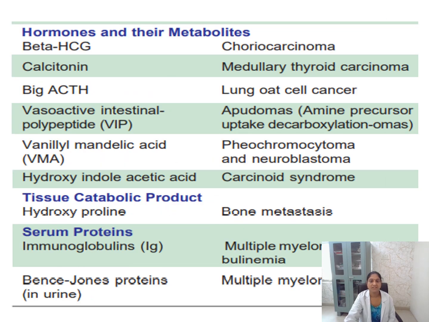Now hormones and metabolites. Beta HCG is seen in choriocarcinoma. Calcitonin is seen in medullary carcinoma of the thyroid. ACTH is seen in lung oat cell cancer.